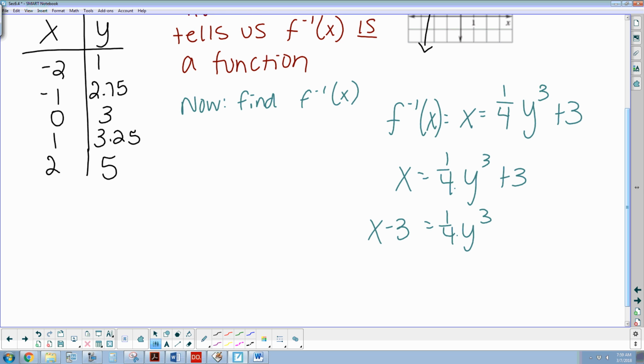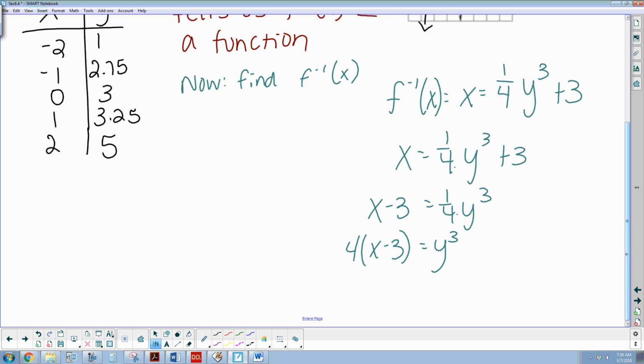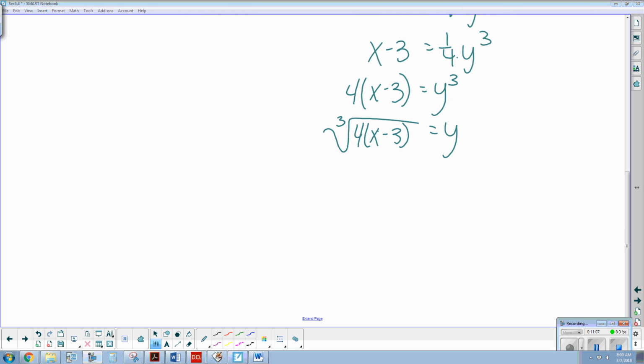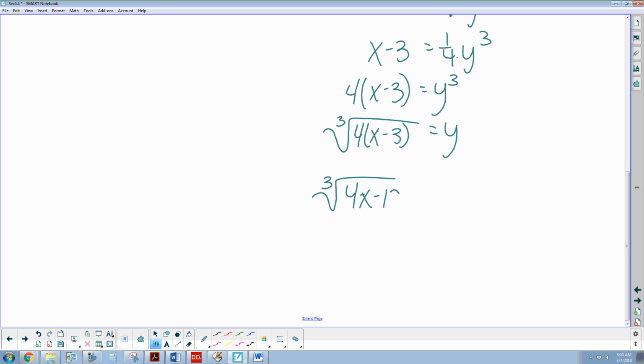Now I need to multiply both sides by 4, and I need to take the cube root of both sides in order to solve for y. So I have the cube root of 4x minus 12, using the distributive property, equals y, which is the inverse of my function.